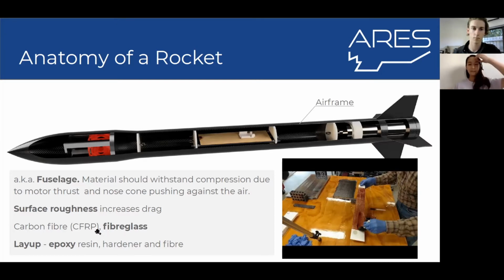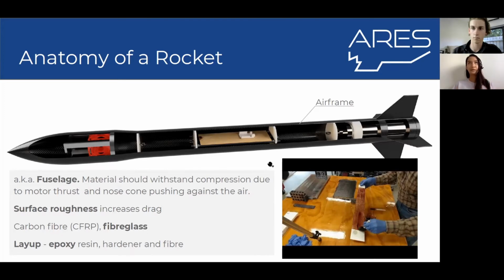To explain what carbon fiber is, it's basically small fibers made up of carbon, and they're woven into a fabric material. And usually it would be made with other materials to form a composite. So in this case, we use a plastic epoxy resin to lay on top and create a sandwich, I guess.